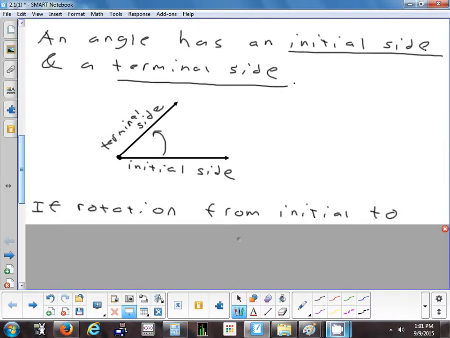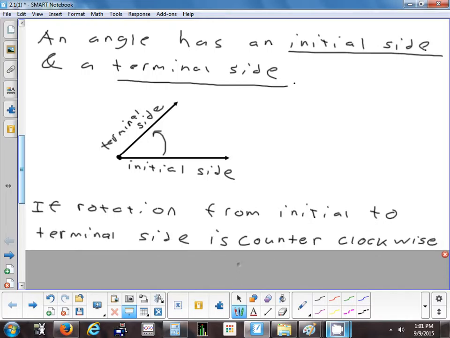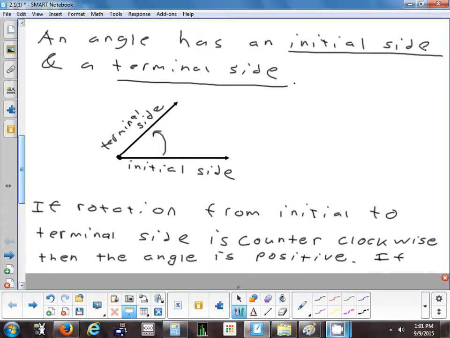So there's different ways that we can measure angles. Generally, we either measure them in a clockwise direction or counterclockwise. If you go from the initial side to the terminal side, and you go counterclockwise, just the way I have the arrow drawn here, that's a positive angle.